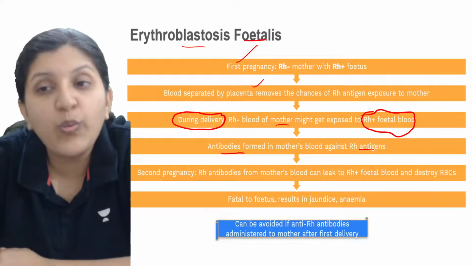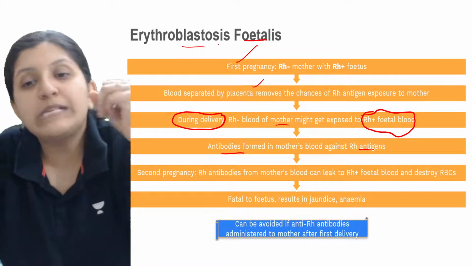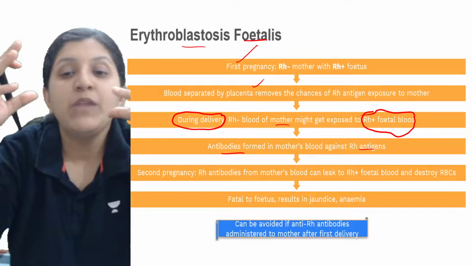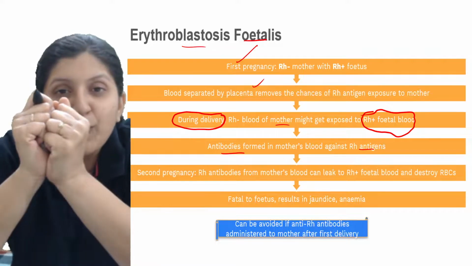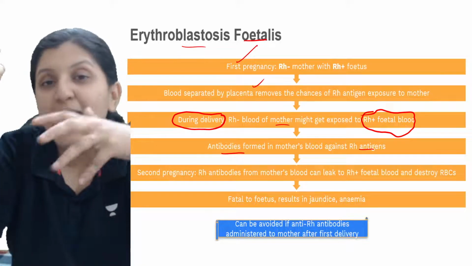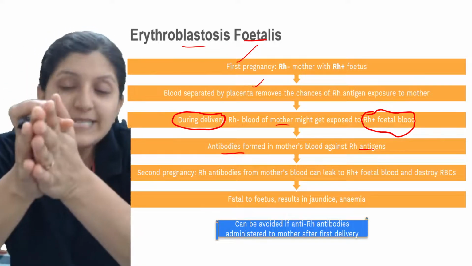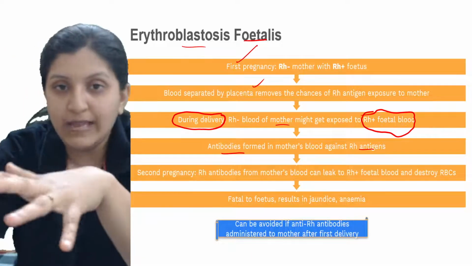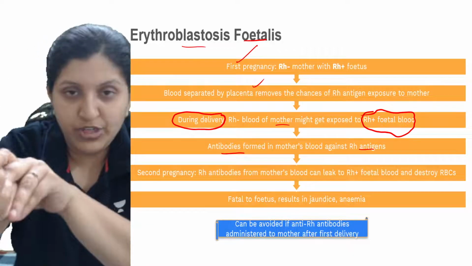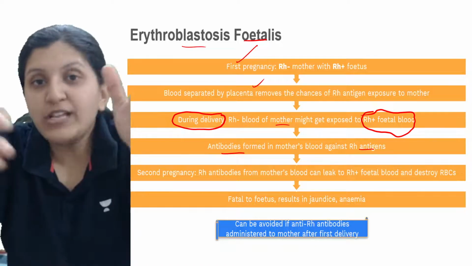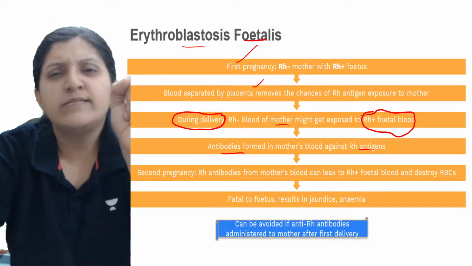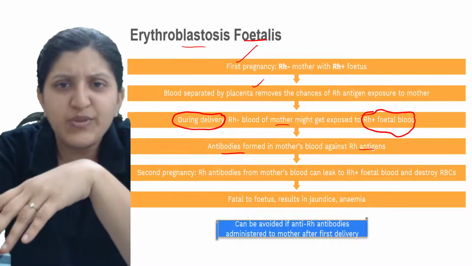To avoid this, during the first delivery what happened? There was a mixing up of blood and because of that there was antibody development. If we kill this antibody, that would be more than sufficient to have the next child, so there won't be any difficulties for the delivery as such.